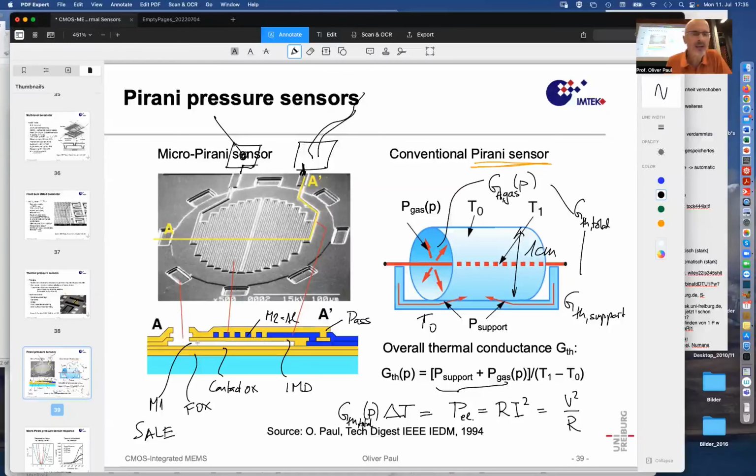Now, what about this gap? This gap is produced through little openings that were cut through the passivation and through the intermetal dielectric. And there was also metal 2 up here. And this has been exposed to the sacrificial etchant that removed the metal 1. So this used to be all full with metal 1 and metal 2.